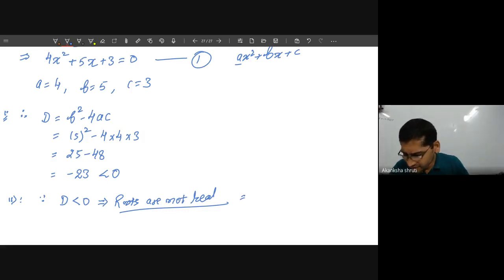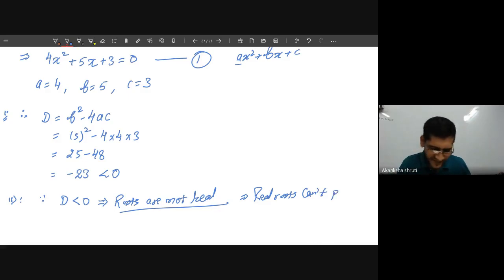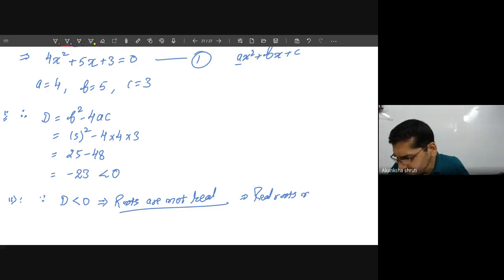Real roots cannot be calculated, it is basically not possible. No root calculation is required at your level.